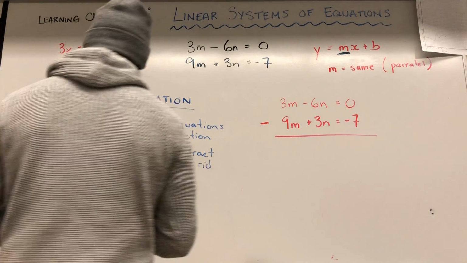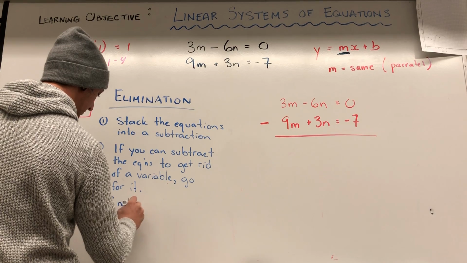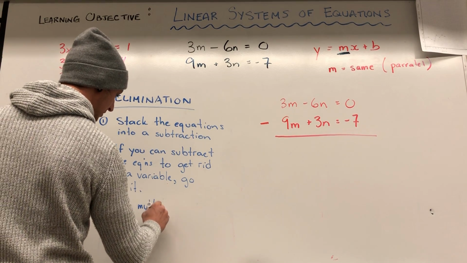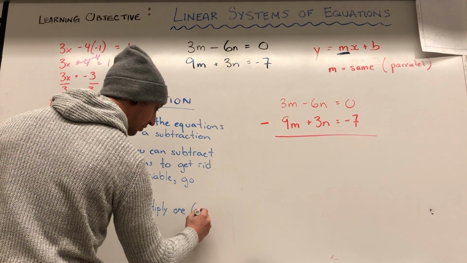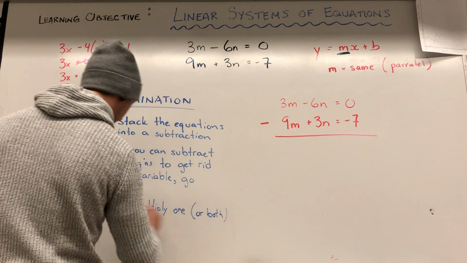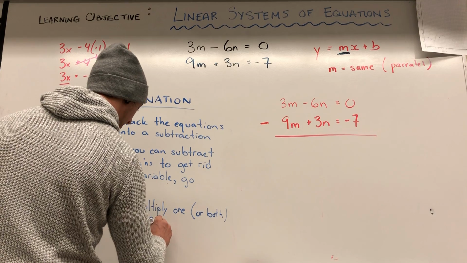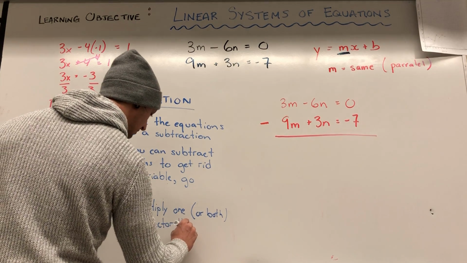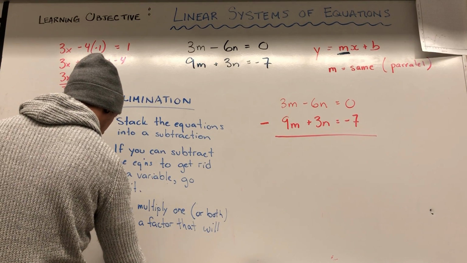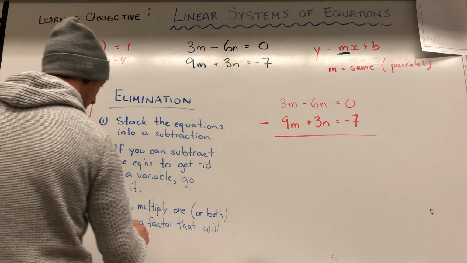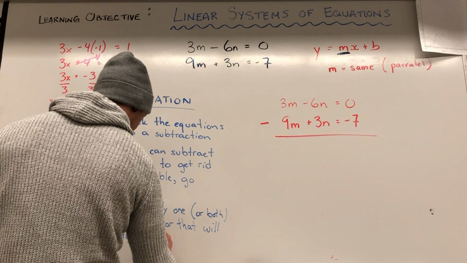So now the third step then is, if not, multiply one or both, could be both, equations by a factor that will lead to getting rid of a variable in the subtraction.